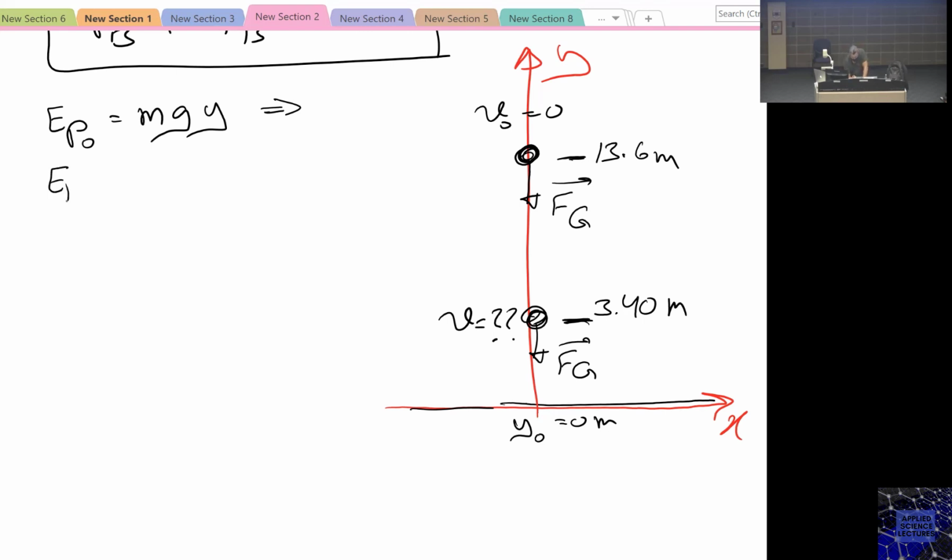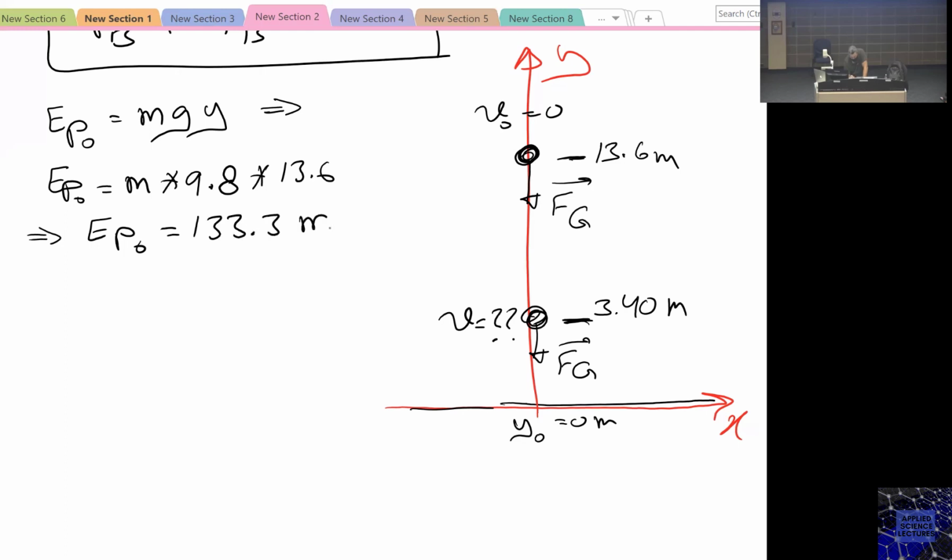So EP naught is m times 9.8 times 13.6. EP naught is 133.3 m joules. So it's a function of the mass.